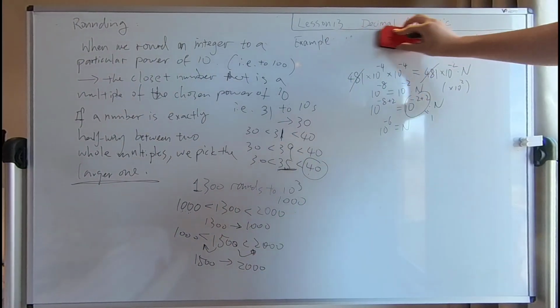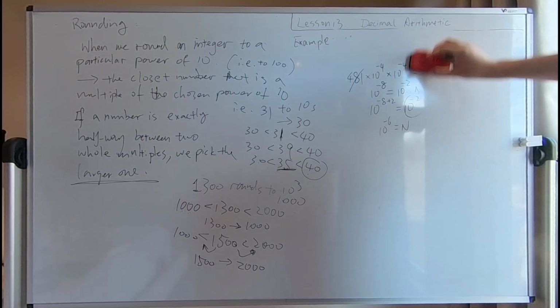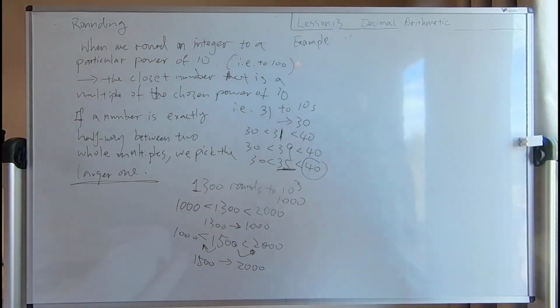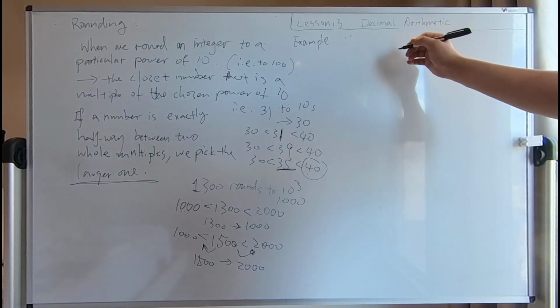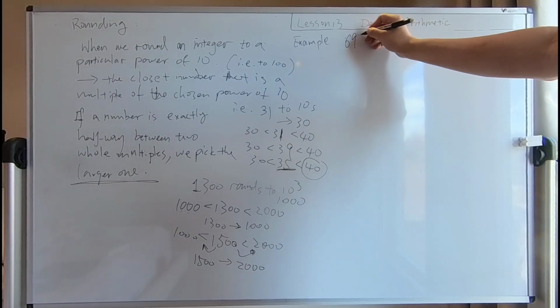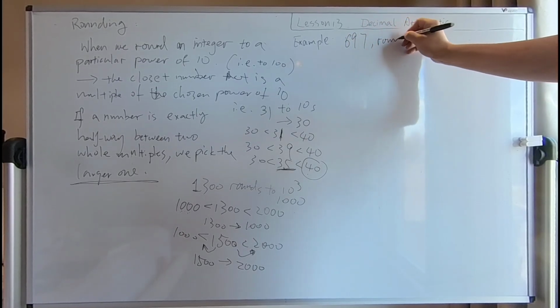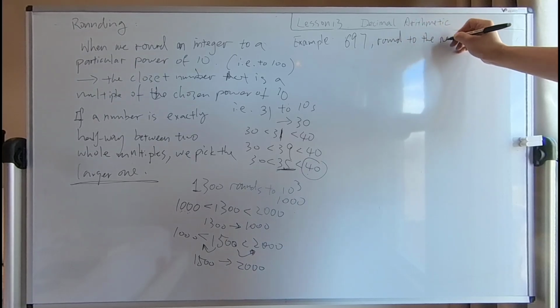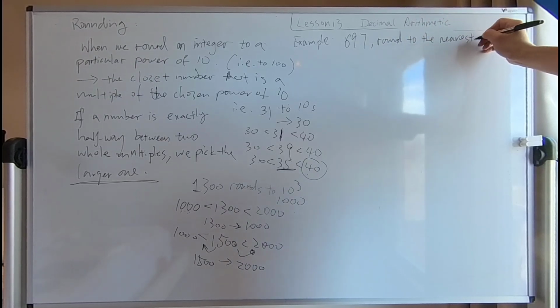Let's extend this to an example that contains both integers and decimals. So, for example, if I have the number 697, I want to round this to the nearest hundreds.